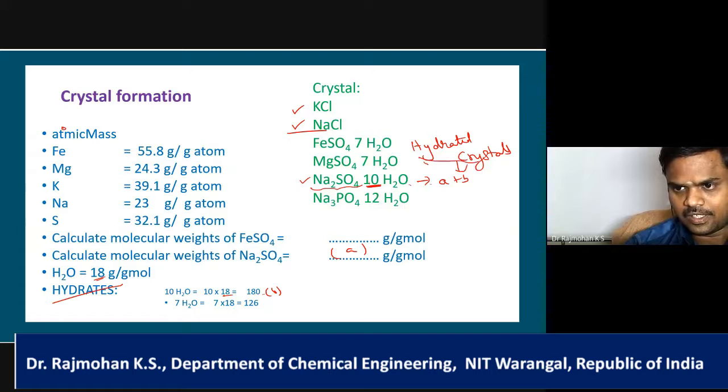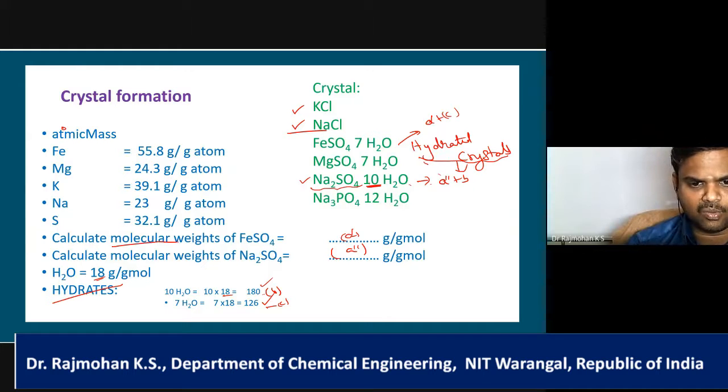Similarly for FeSO4 7H2O, it is going to be A' plus A''. A' is the molecular weight of FeSO4, then we have 7H2O, and the answer is 126, correct. So that way we should be able to calculate the molecular weight.